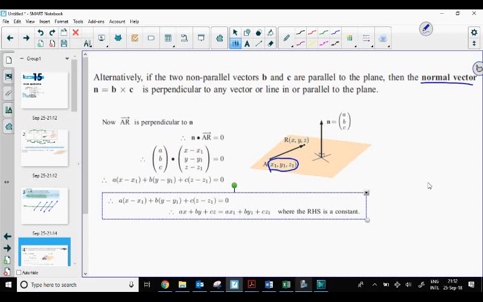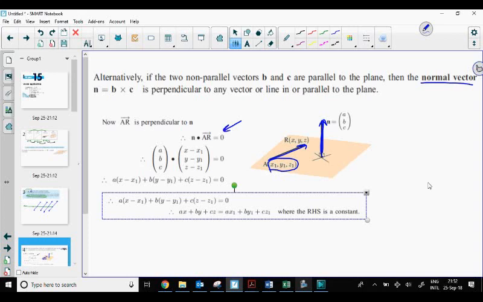There's only one direction you can go off of a plane that's perpendicular to it, up or down. Obviously, if it's going in the opposite direction, it's just a scalar multiple, so that's not relevant. So we know that this normal, when dotted with any vector in the plane, needs to be equal to 0. That's what we've got going on here.